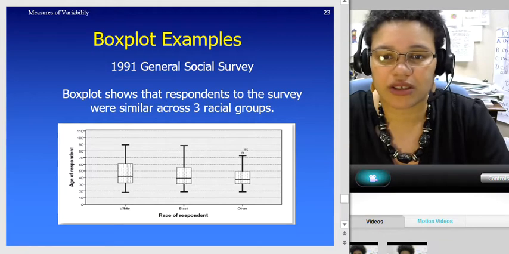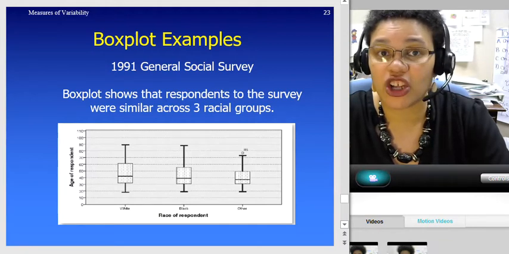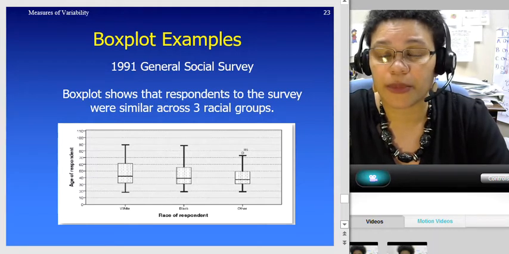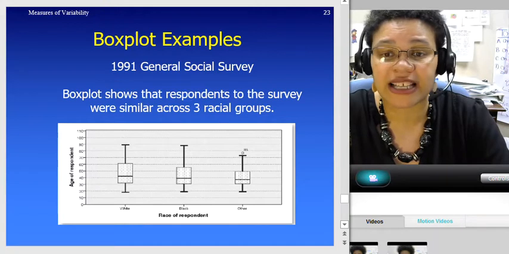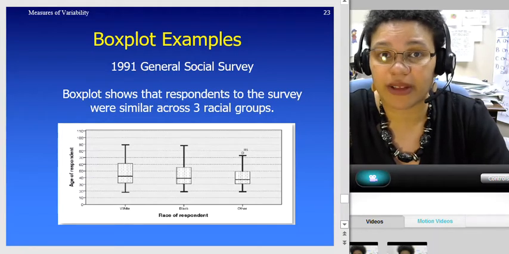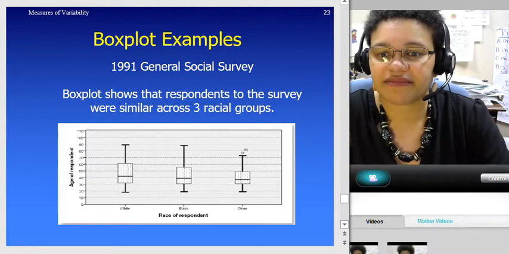The whiskers look fairly similar. So if you wanted to say, hey, I had about the same number of younger and older participants in my survey who were white as the number of younger and older participants who were black, as the number who identified as neither white nor black, you could say that.